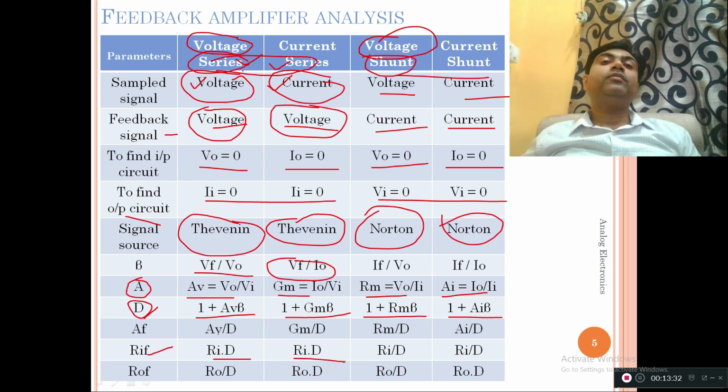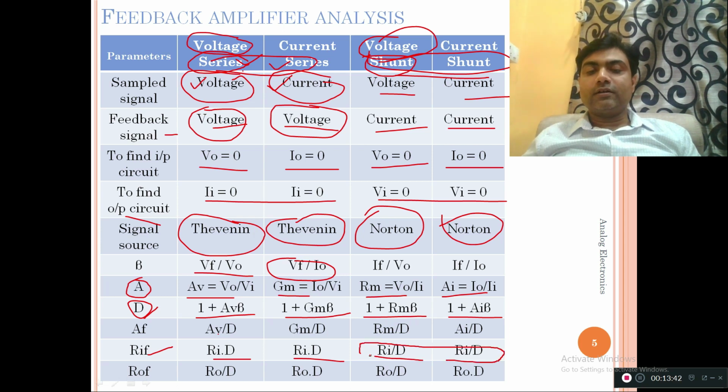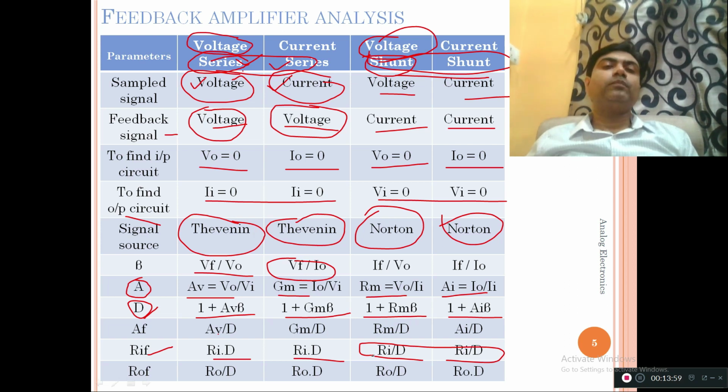Ri is multiplied with the factor D, the desensitivity. And if I am mixing in the shunt form, then Ri is always going to be decreased, Ri upon D. So input impedance increases when I mix the feedback element in the series form, and input impedance always decreases if I mix the feedback element in the shunt form.